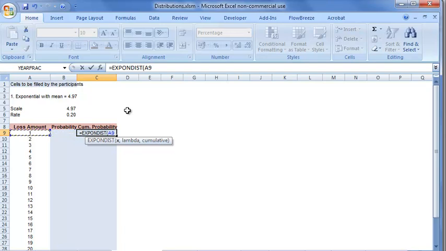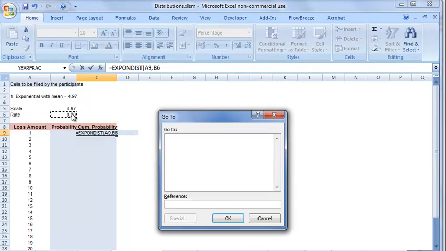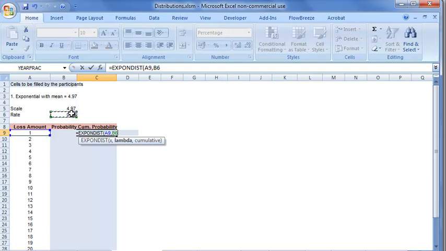We select the loss amount, which is nothing but x. Lambda is nothing but the rate or this parameter of the exponential distribution. And we take cumulative equal to true.